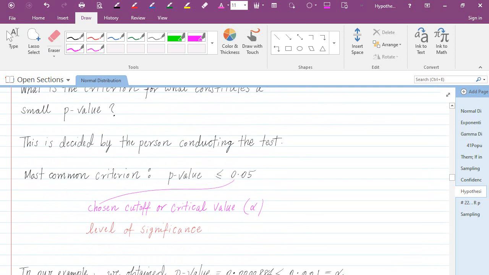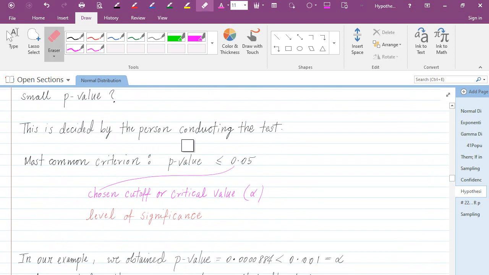Well, like I said, this is decided by the person conducting the test, and the most common standard is that the p-value is less than 5%. This 5% is the chosen cutoff or critical value, and it's denoted by alpha.